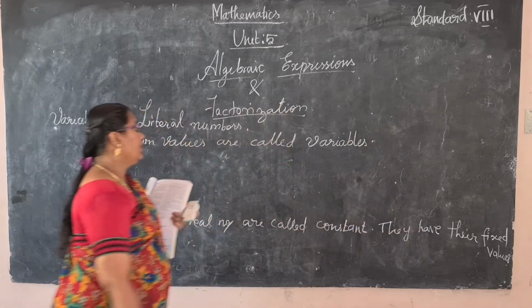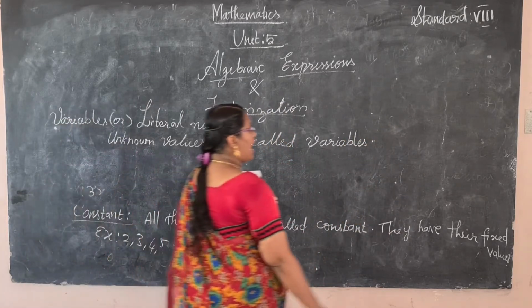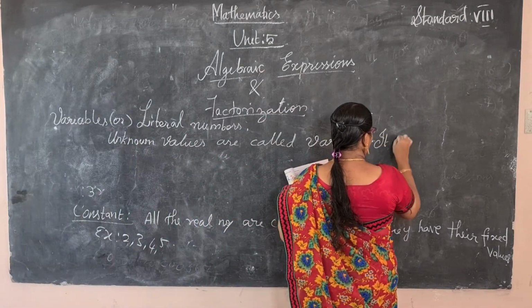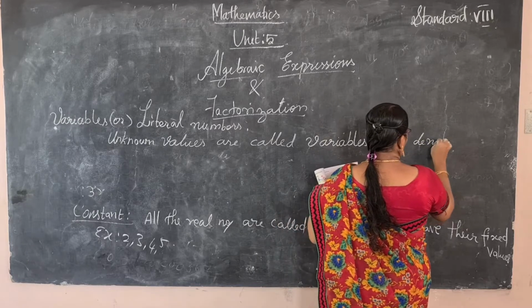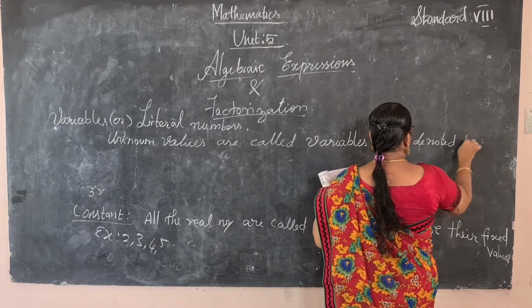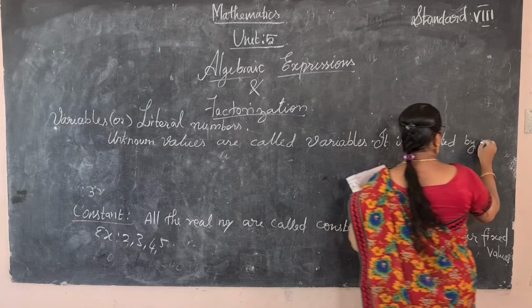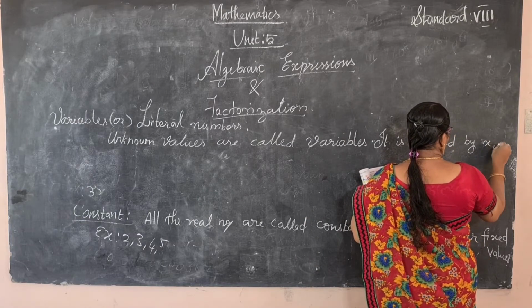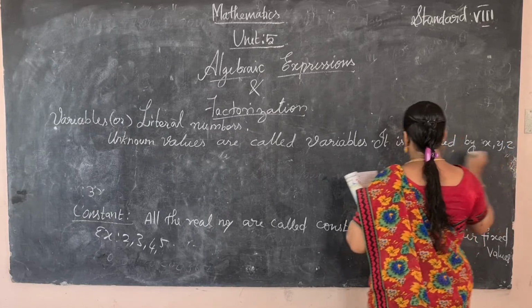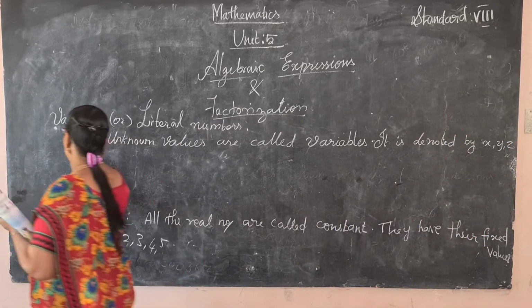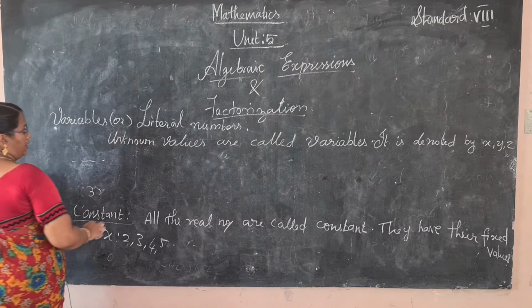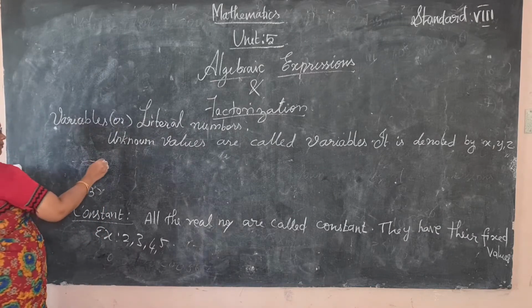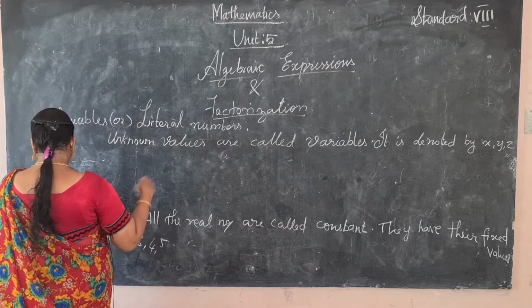Variables are denoted by the alphabets X, Y, Z, and their values vary.